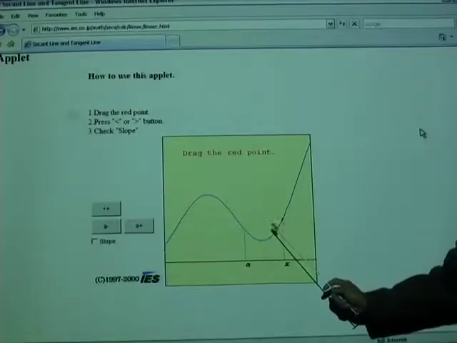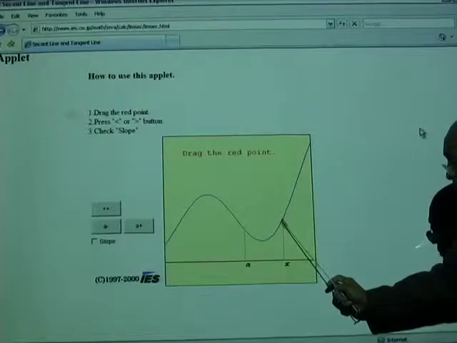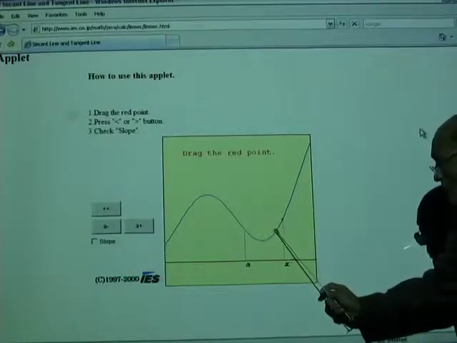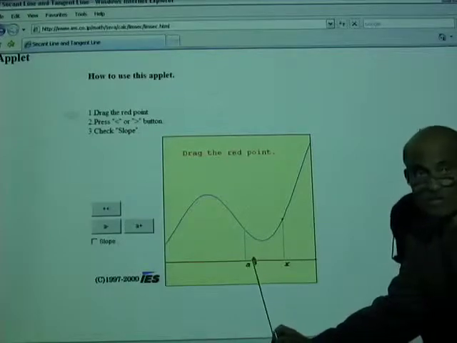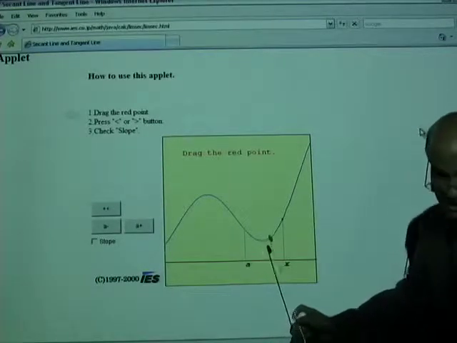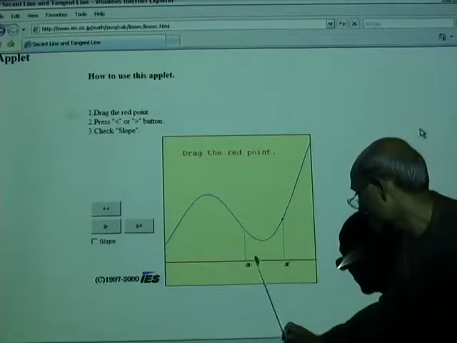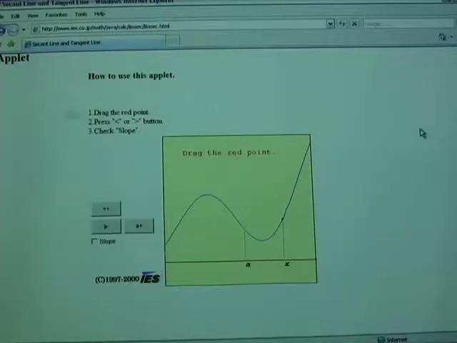Now, here is another animation. I'm going to drag this red point and change this interval. Now, when this interval is made smaller and smaller so that delta x becomes very close to zero, see what happens.